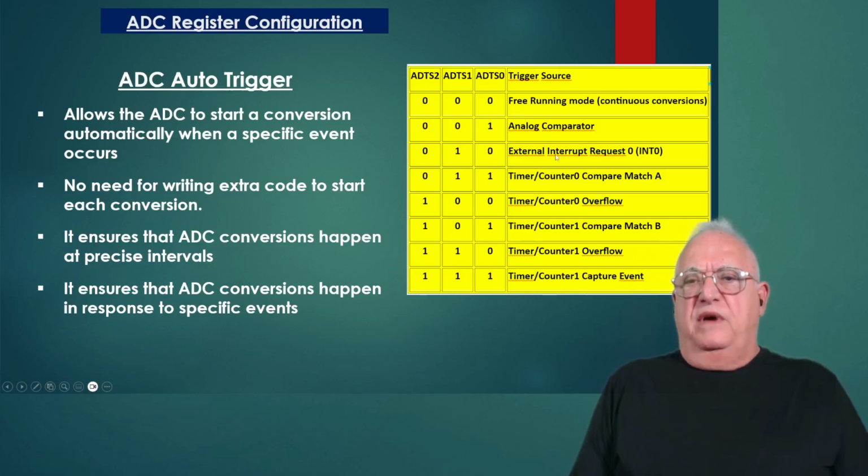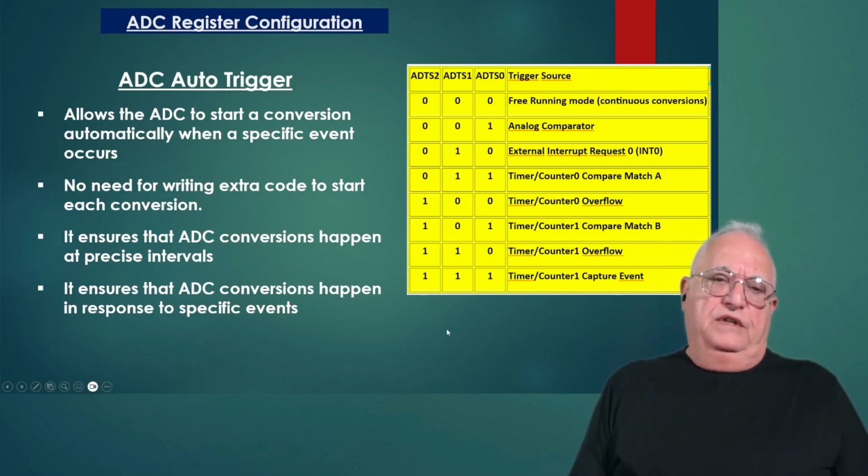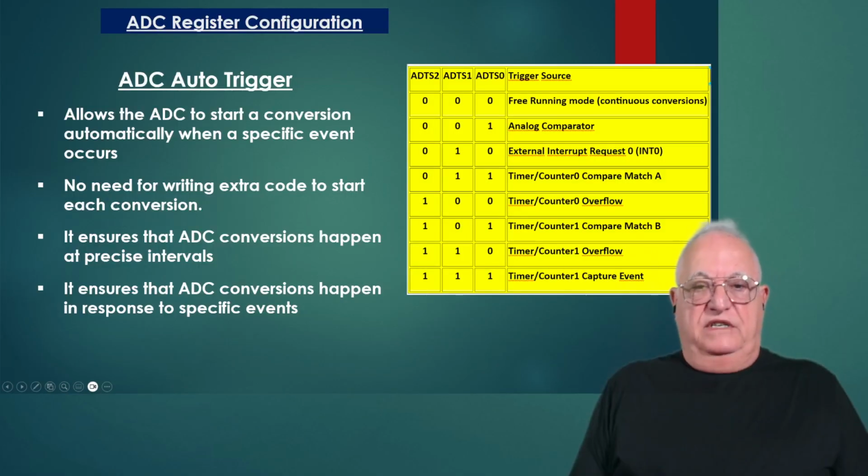Or it can be triggered by an external interrupt, or a timer counter match, for example, or a timer overflow. All these triggering sources, we've seen them before during the timer presentation.